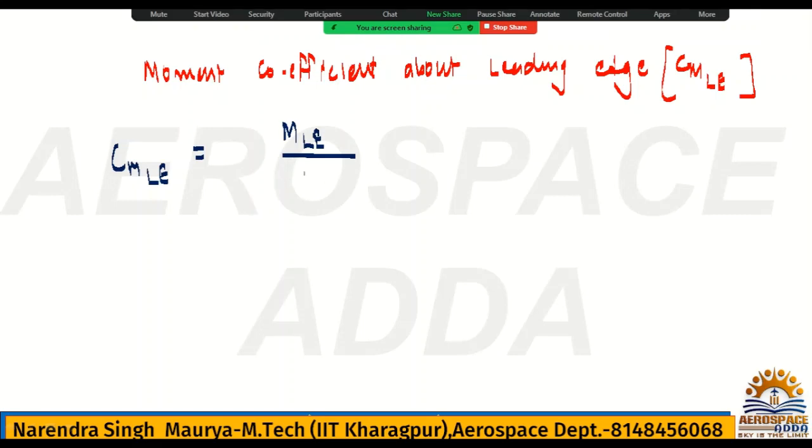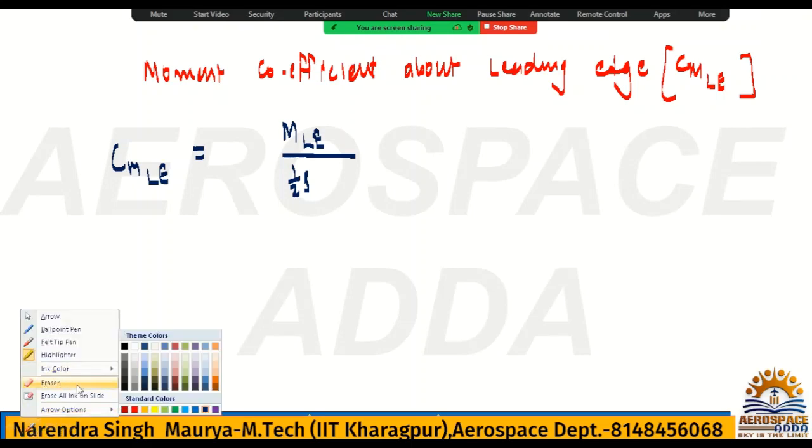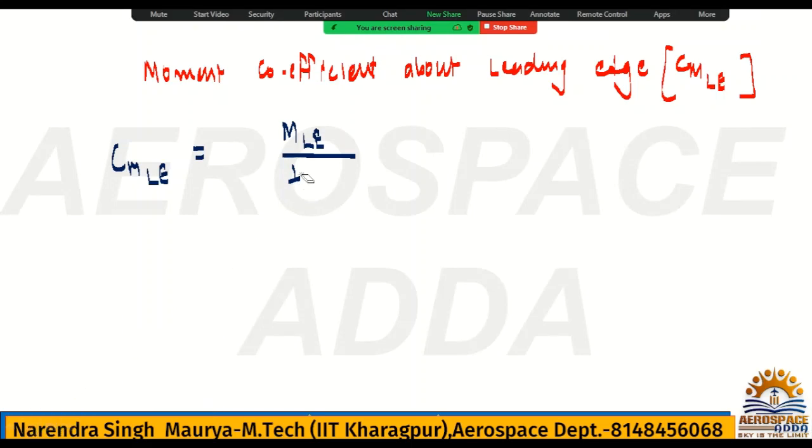It is nothing but lift force. Or better to say, you know that force is nothing but pressure into area. What is the pressure? Dynamic pressure, q infinity into area s. So q infinity s will be the force into one perpendicular distance.